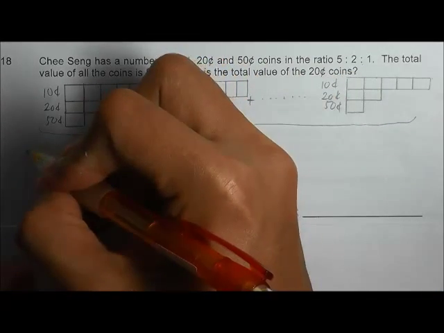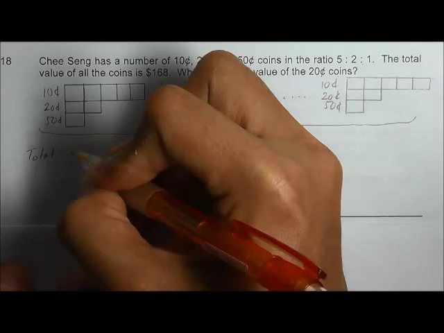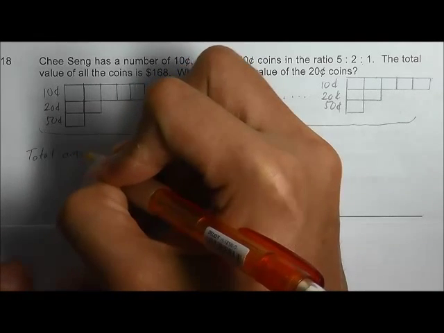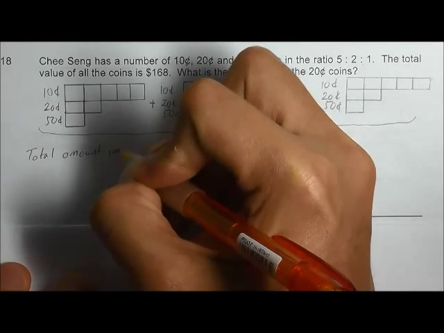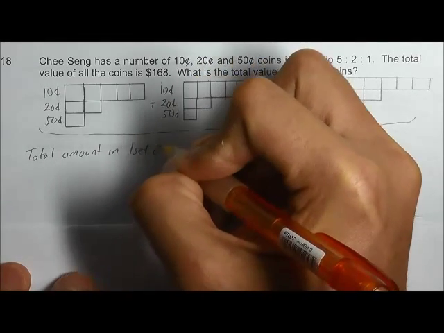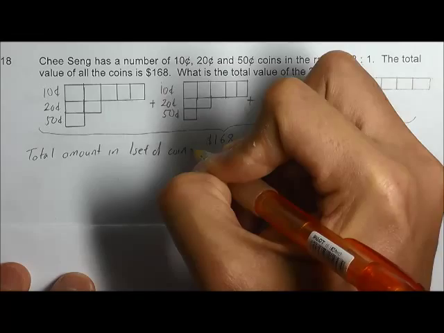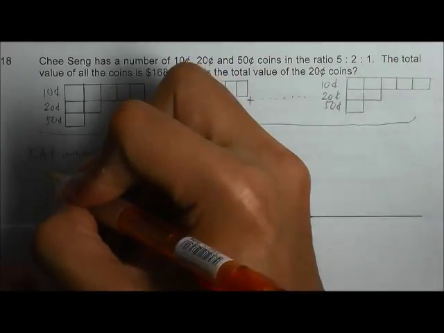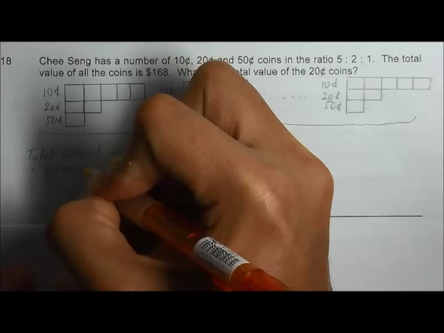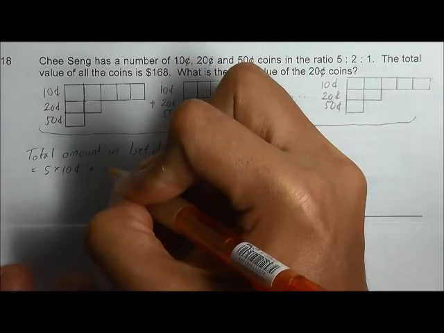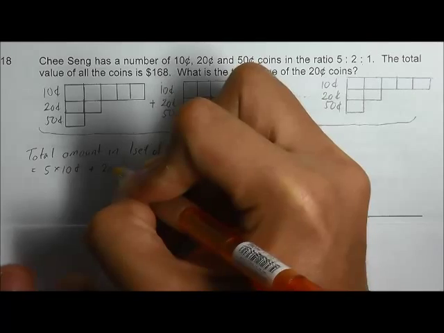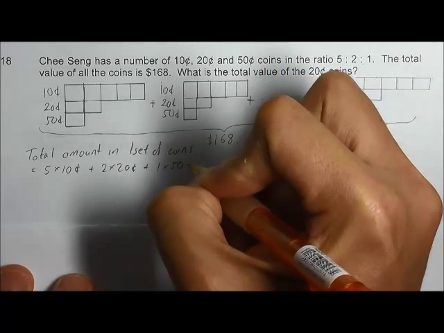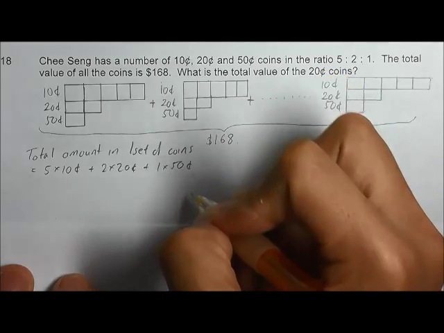Okay, so the total amount in one set of coins will be 5 times 10 cents plus 2 times 20 cents plus 1 times 50 cents.